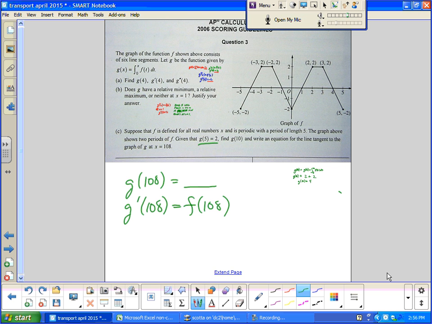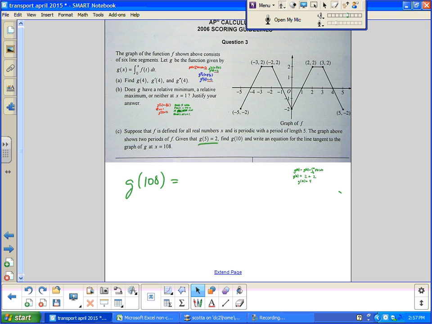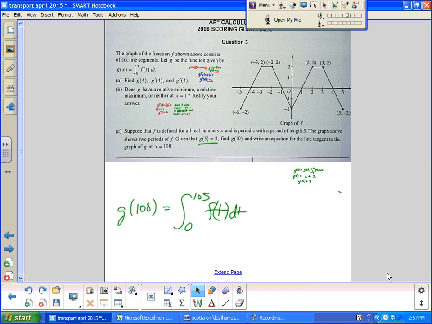So we have to go back to the periodic nature of this problem. I start with g of 108. I see it's periodic on sets of 5, so I'm going to have to do this 21 times. 21 times 5 is 105.